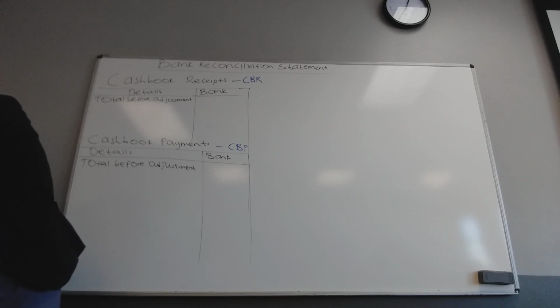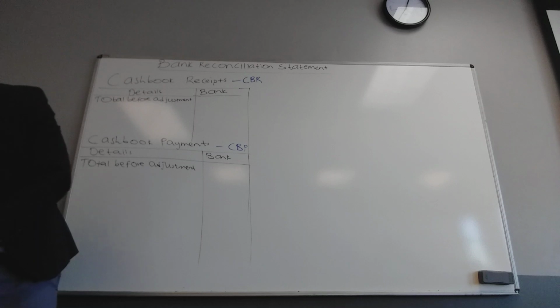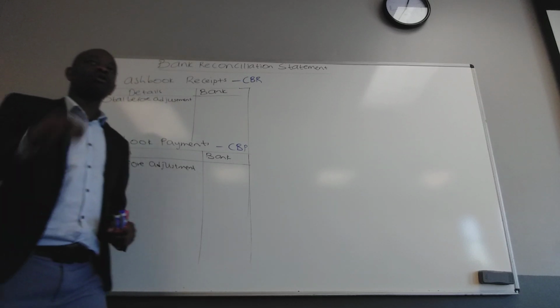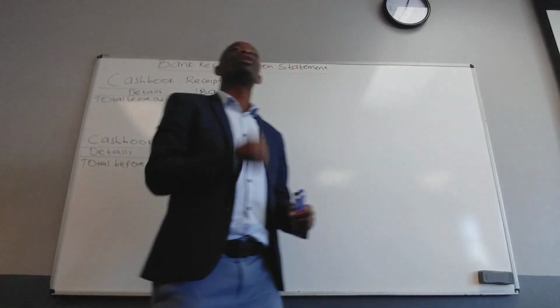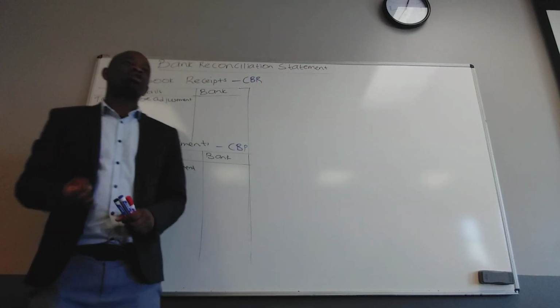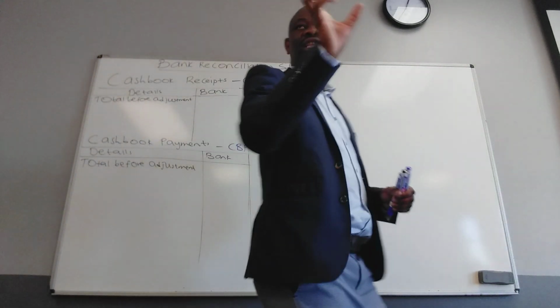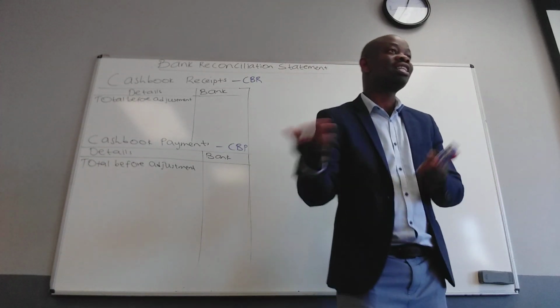The 1st of March. Where do you see it? It says 29 February 2016. Yes, but remember I said for you to know which month you are dealing with, you must always check the requirements. It's where you can find the period. Sometimes on the question they can give you different periods, so they can confuse you.